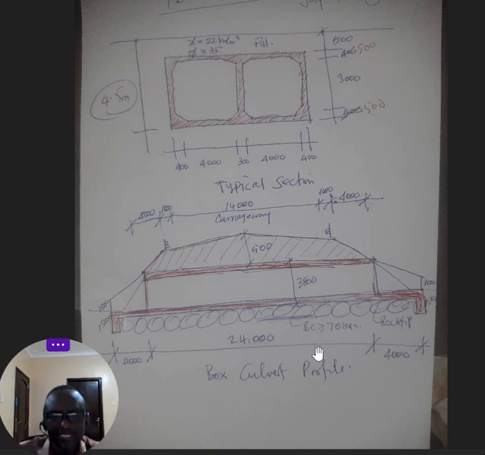Normally, gentlemen and ladies, what I personally do when you are doing rock fill is excavation, but this excavation you do to remove the topsoil. You just need to get the fact that the foundation for a box culvert is like a raft.